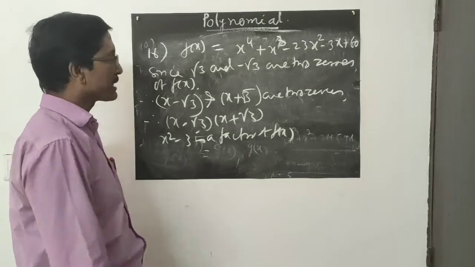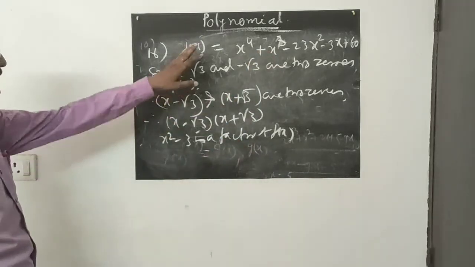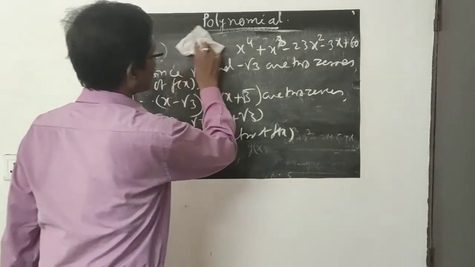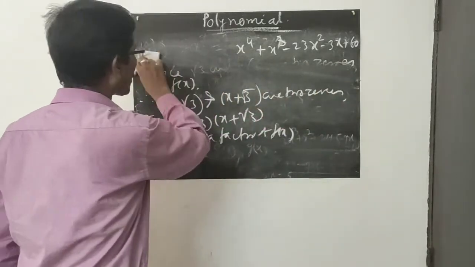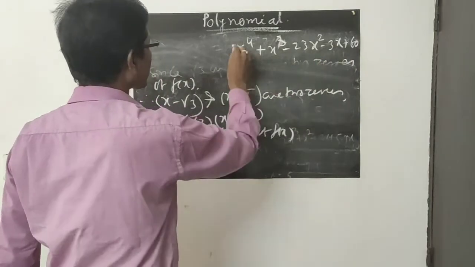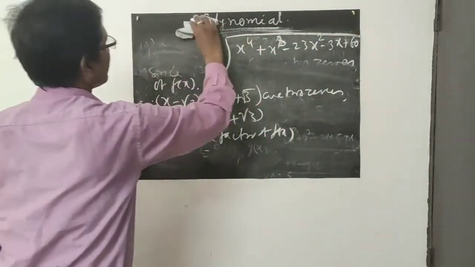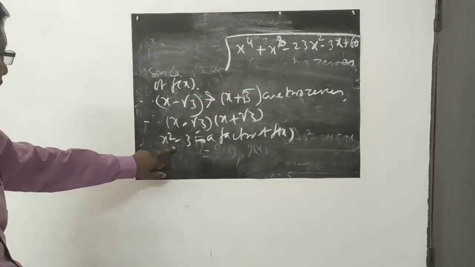So if you got x square minus 3 as one factor, you can get the other factor also. How can you get that other factor? Like the previous one, you have to divide the given polynomial, x4 plus x cube minus 23x square minus 3x plus 60, by this factor, x square minus 3.